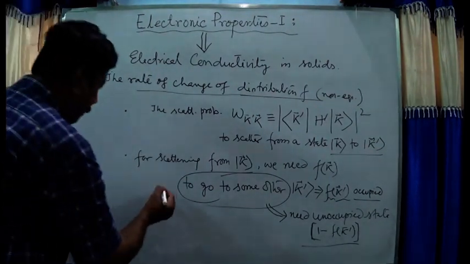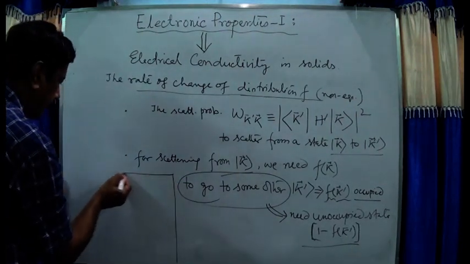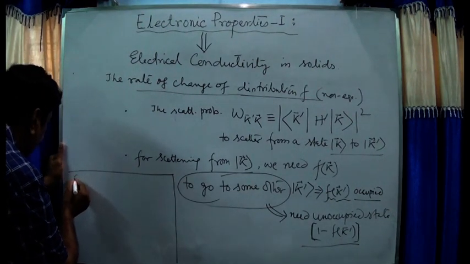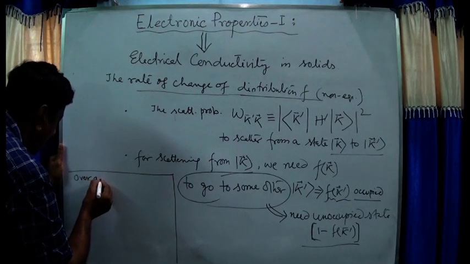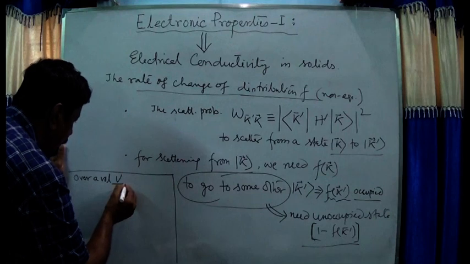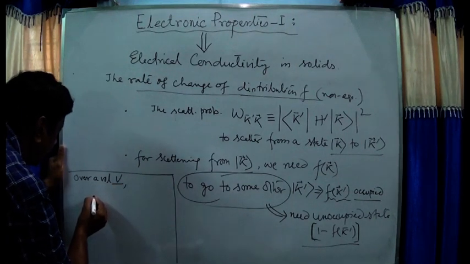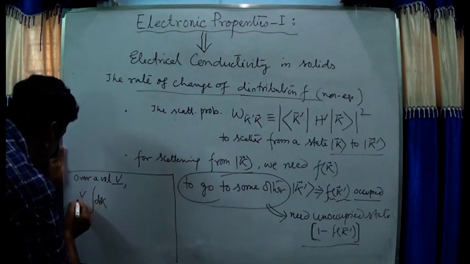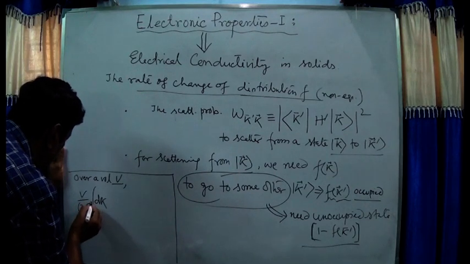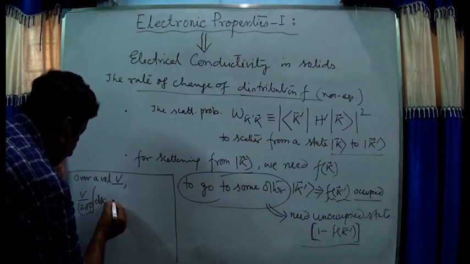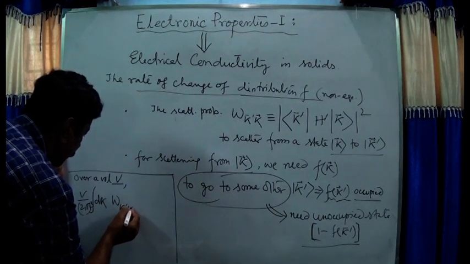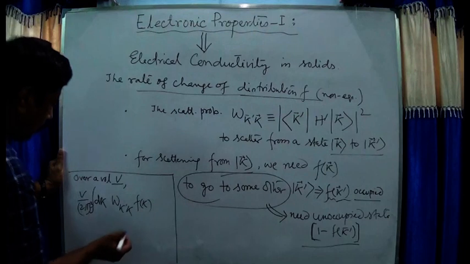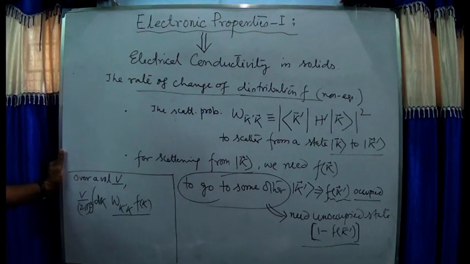So over a volume V, we can write the integral d cube k prime, V by twice pi cube, into say W k prime k with Fk, because of the starting configuration.